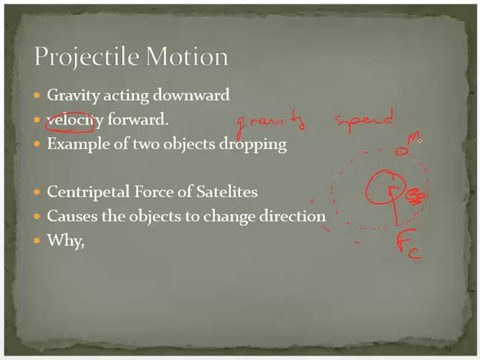If it's a satellite, it has mass, and it's changing direction. This is key. It's constantly changing direction, so it must be accelerating. Well, if you have a mass that is accelerating, there's a force, because remember Newton's second law? A force causes a mass to accelerate. In this case, it's accelerating because it's changing direction.